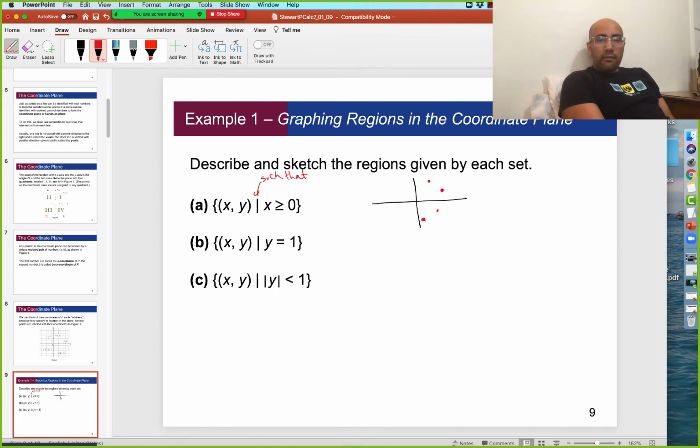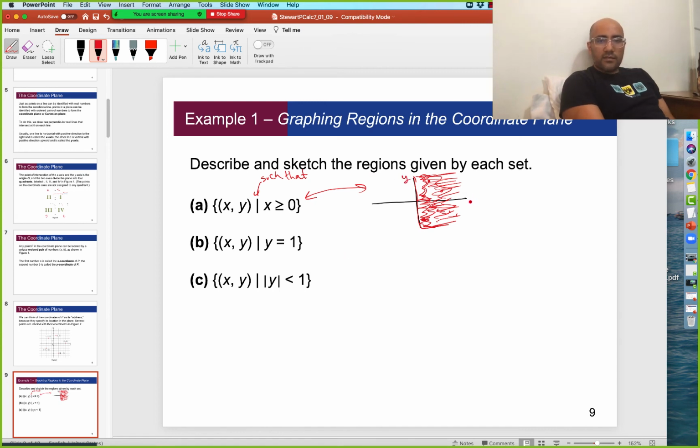So as I keep thinking about all the points that satisfy this, eventually we arrive at the idea that it's all of these points over here. Anything on the right-hand side, everything in quadrant 1 and quadrant 4. And because it was greater than or equal to 0, it also includes the actual y-axis. So everything to the right of the y-axis is described by this set. Good? Questions?